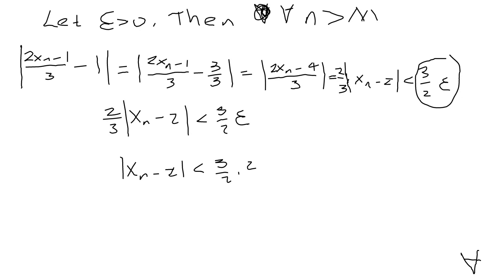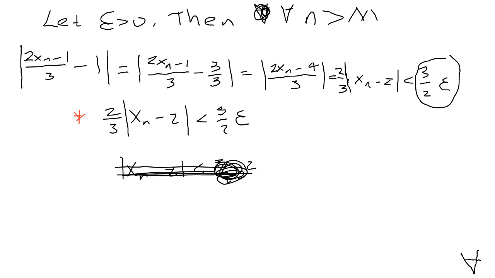It's up at the top. But it's already the 2/3 right here, so we know that x sub n minus 2 is less than what? We were told at the start, x sub n minus 2 is less than epsilon.